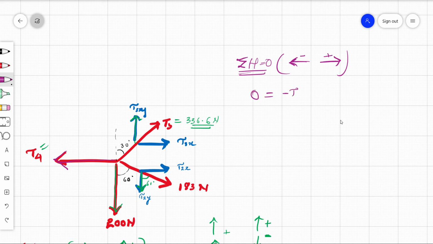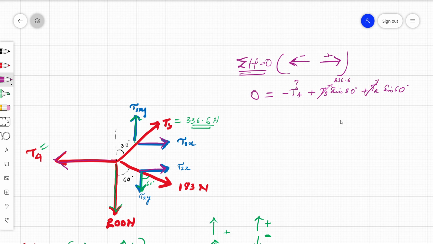So I'll take minus T4, and this is one horizontal force, that is plus T3x, which we take as T3 sine 30, and this is also in the positive direction, T2x, plus T2 sine 60. Okay, but what we don't know over here is only this term. We know the value of T3 as 336.6.